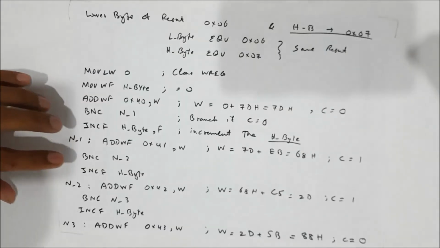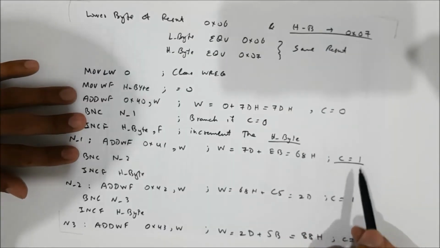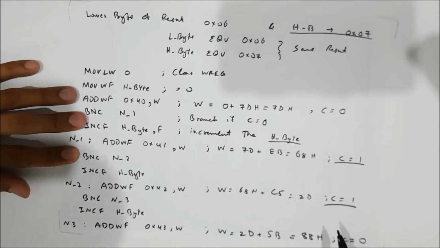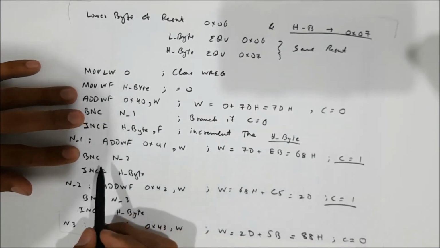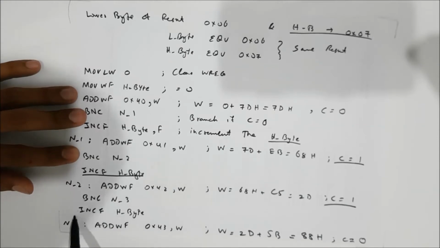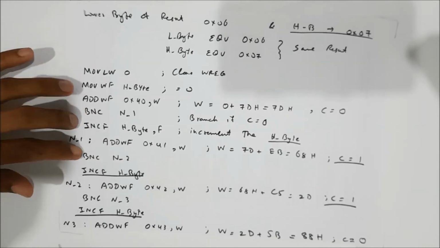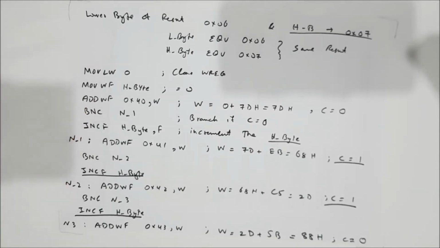We can see here that the carry was 1 twice during this operation, and we incremented the high byte twice. So now the H byte 0x07 will contain 0x02, that is 2.